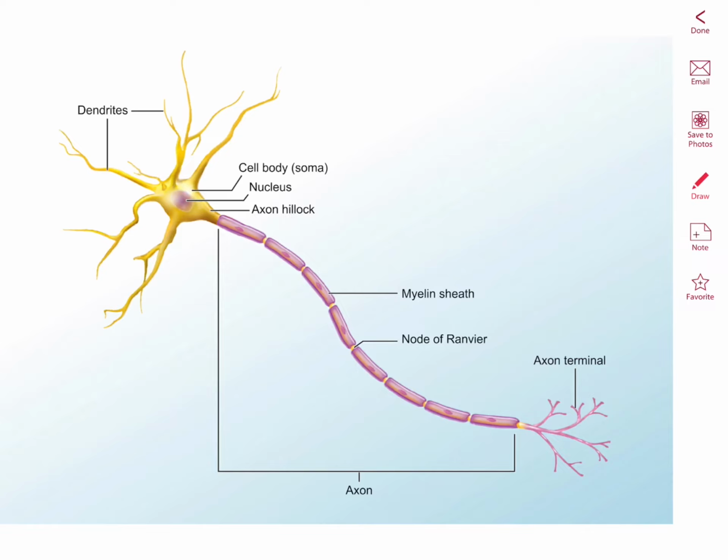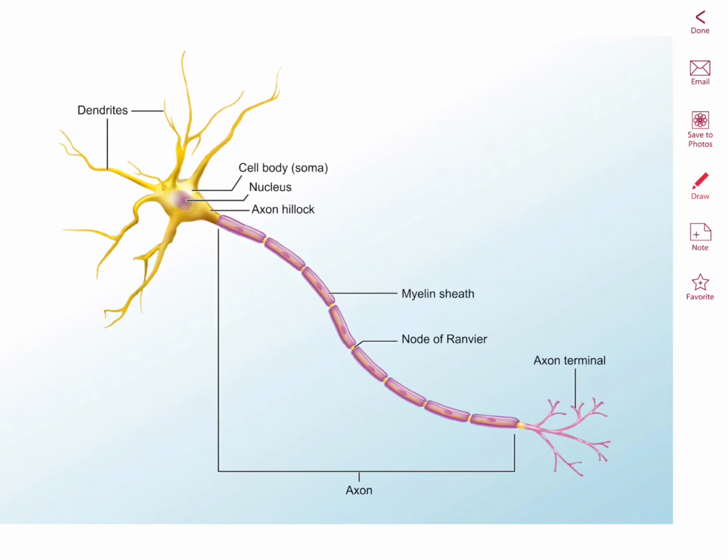Because of the amount of tissues that we have, I'm just going to go ahead and start with the nervous tissue, where I'm just going to show you 2 types of cells. The first one is a neuron, which is what you're seeing on the screen.